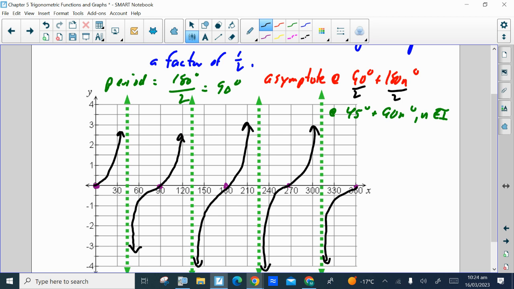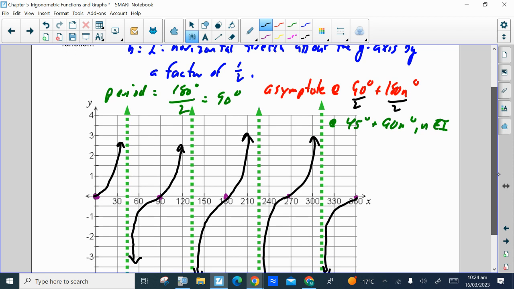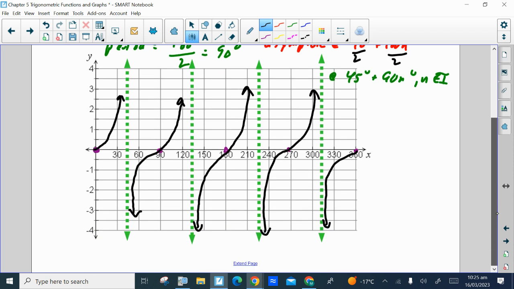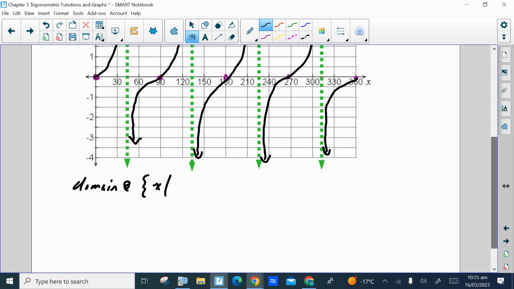So the other characteristics that we can talk about, okay, we've already stated our periods and where our asymptotes are. So our domain: all values of x such that our first asymptote again is at 45 degrees.